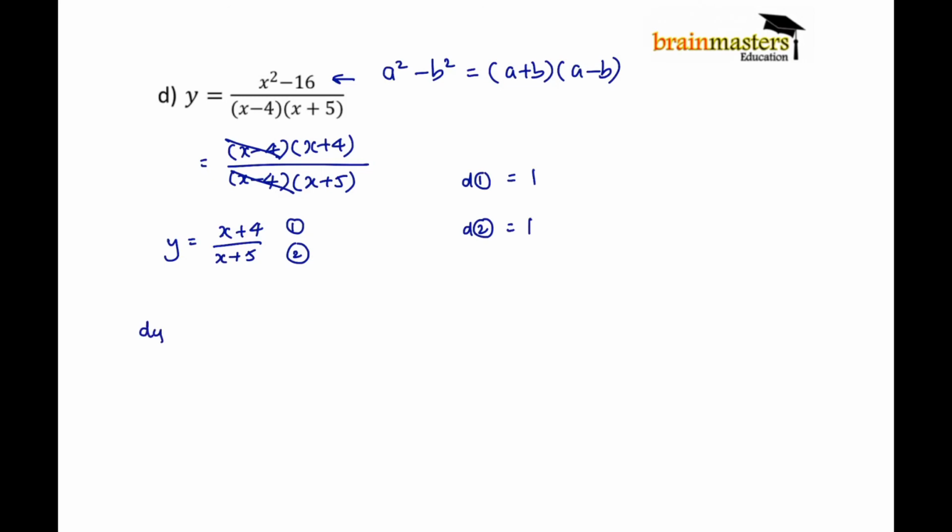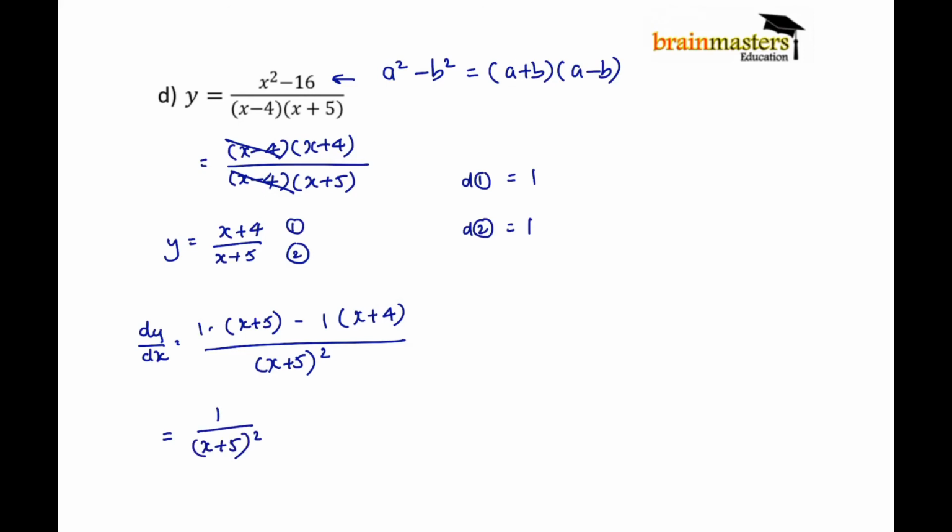So my dy over dx is just differentiate the first, multiply to the second, minus differentiate the second, multiply to the first, over bottom square. So just do some simplifying. I will have x minus x is gone, so 5 minus 4 is just 1 over x plus 5 whole thing squared. That's easy.